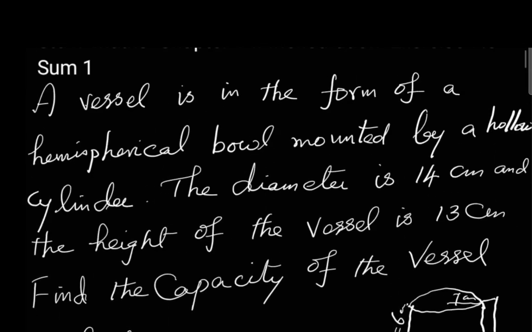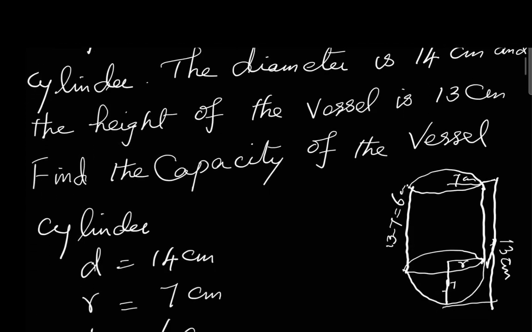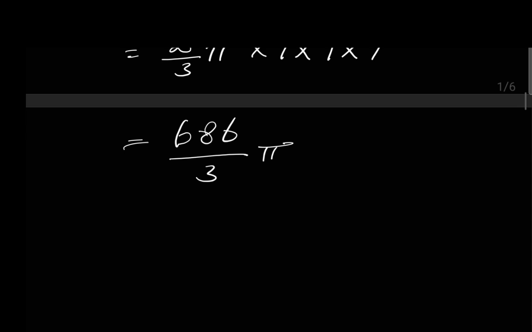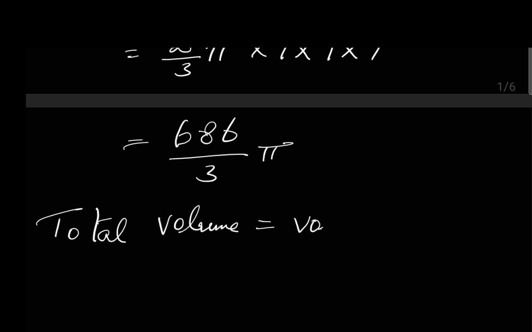Okay. You have to find the capacity of the whole vessel. So total volume is equal to volume of cylinder plus volume of hemisphere.